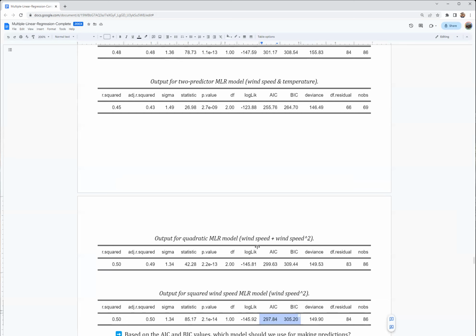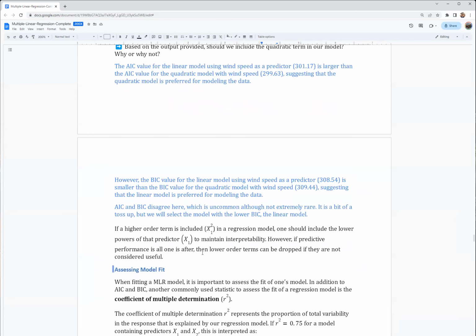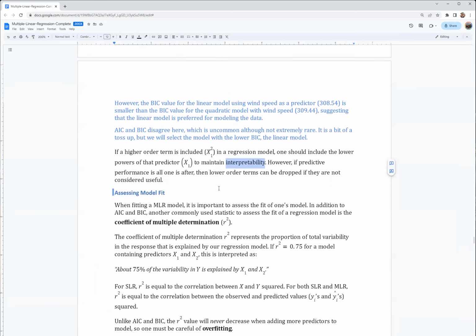So these maybe suggest, if you're only after predictive performance, maybe this is the best bet. But again, it depends on if interpretability is important to you for that problem you're working on, or if you're just looking at getting accurate forecasts or accurate predictions.